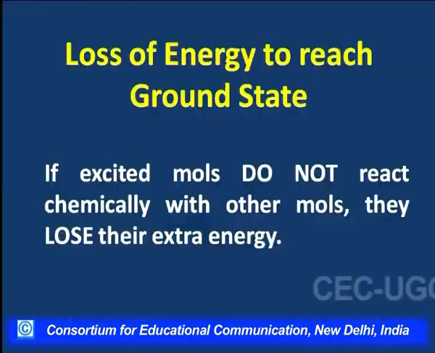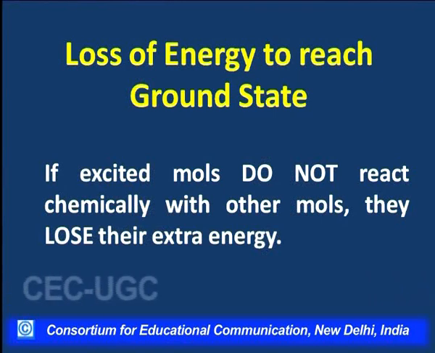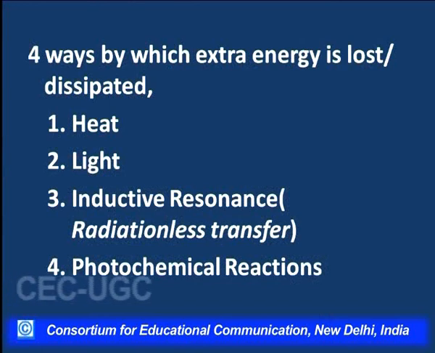One thing is very clear, that the chlorophyll molecules have been photoexcited, and once they have reached an excited state, they have to come back to the ground state. And if they do not react chemically before that, then they will lose their extra energy, and that would be a wastage. So there are basically four ways by which the extra energy can be dissipated or lost.